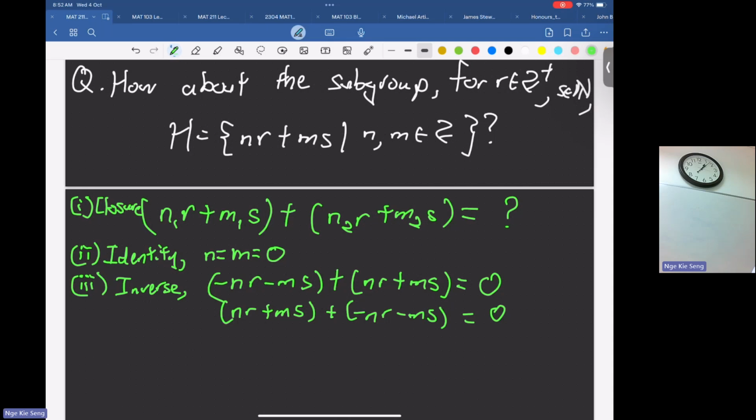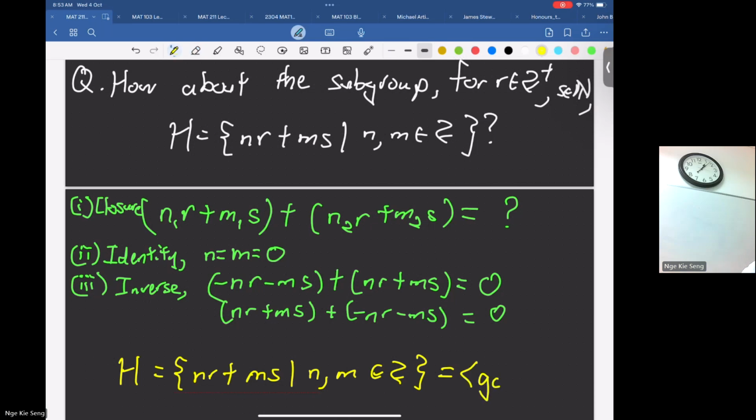So this group is generated by the GCD of r and x. What's the GCD? The greatest common divisor of r and x.